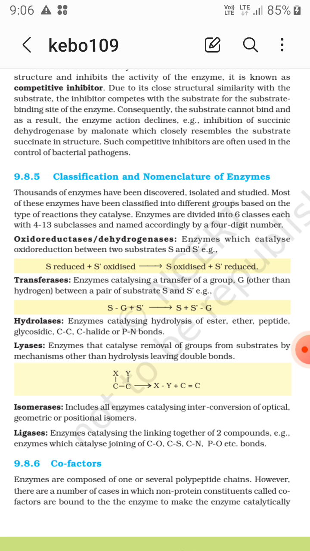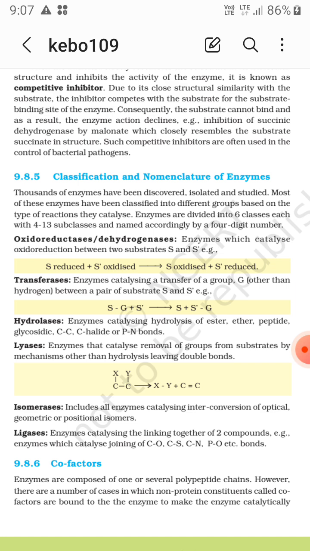Okay, so X and Y get removed, leaving the double bond, so it is a lyase, but other than hydrolysis, right? Other than hydrolysis.